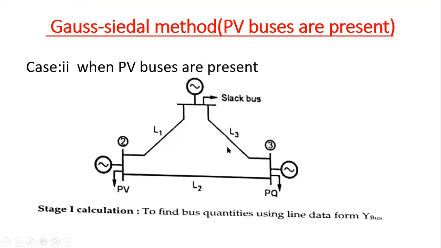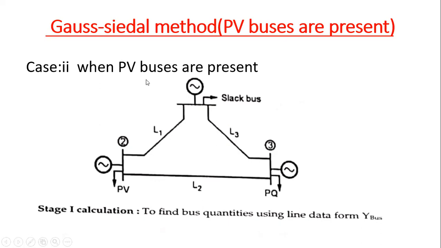This is a 3-bus power system. Bus 1 is the slack bus, bus 2 is the PV bus, and bus 3 is the PQ bus. In the previous case, when the PV bus was absent, bus 2 and bus 3 were both taken as PQ buses.